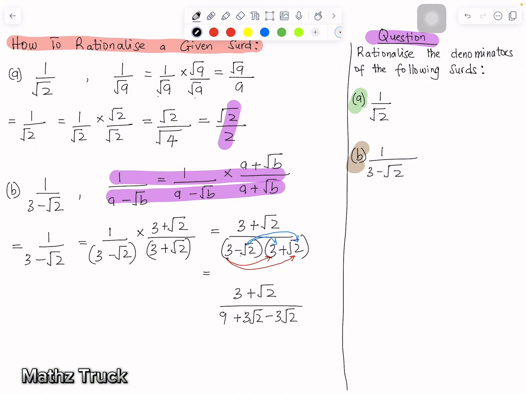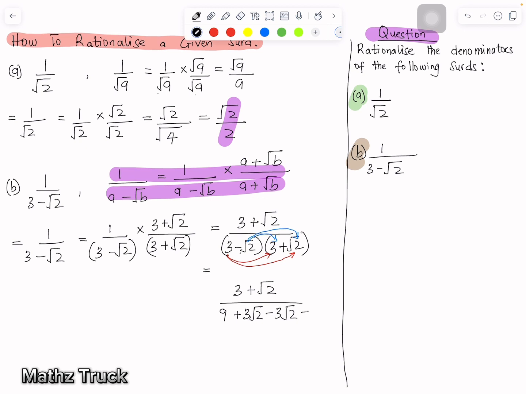Then you have negative root 2 times positive root 2 will give us minus root 4, because remember, we multiply what is in the root. 2 times 2 is 4, and there's the root sign, for those that find it difficult. So we have 3 plus root 2 divided by 9.